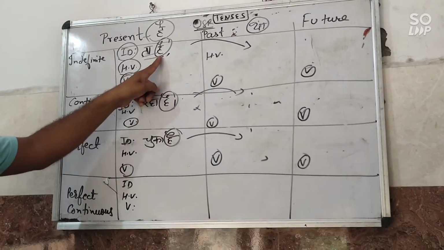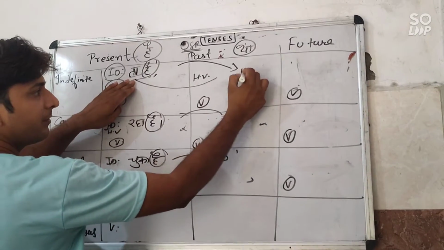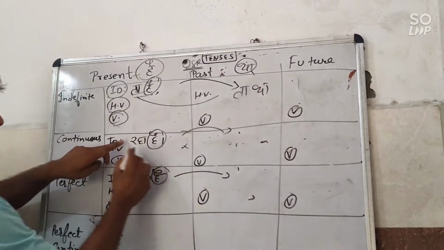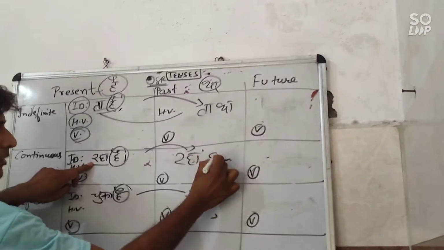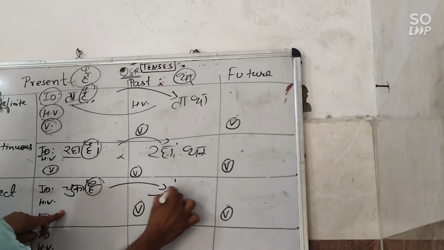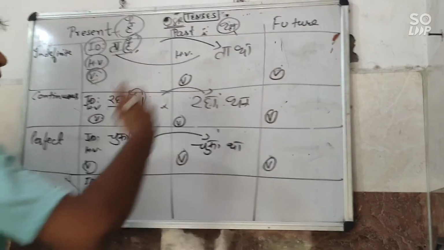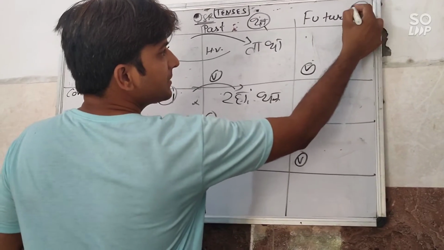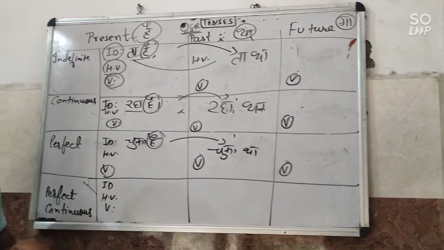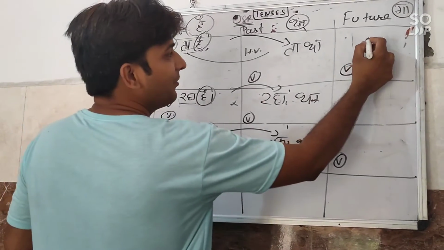Everywhere you see this. Now here it is past. It remains same here, and it also remains same here. Only you have to change this word to this word. Any problem till here, anybody? No. Now here, future always means this. We have to just see.